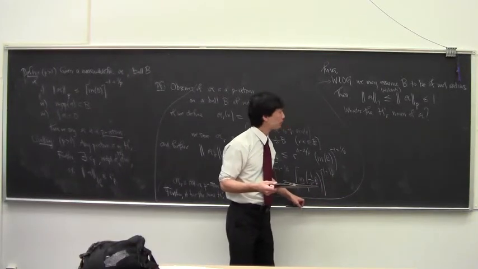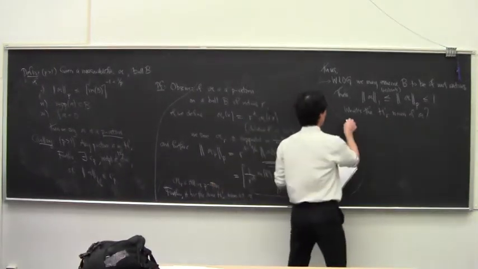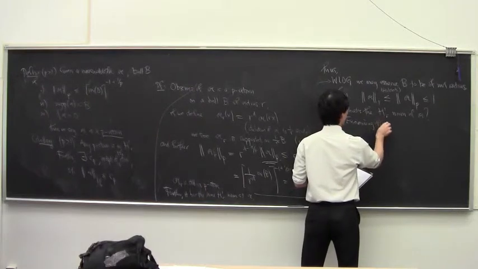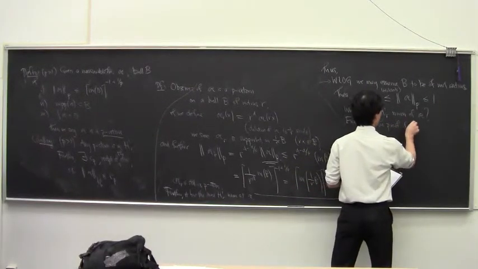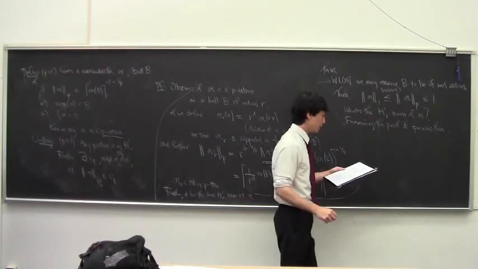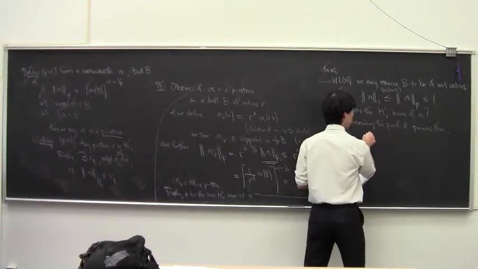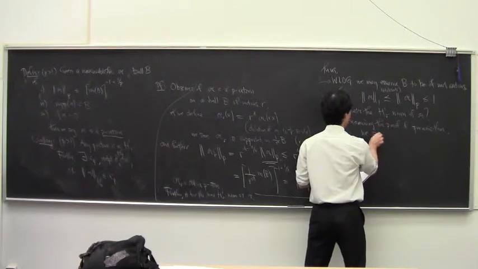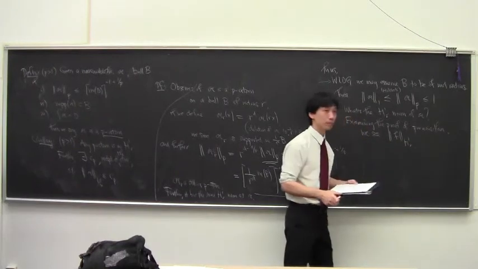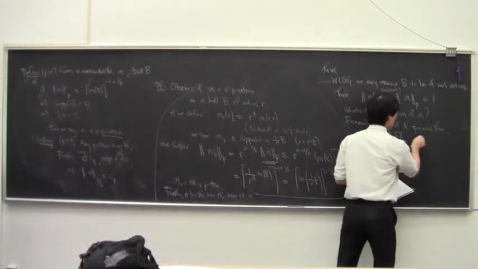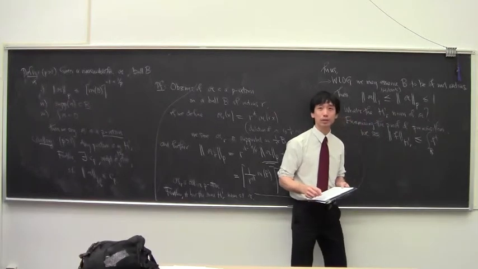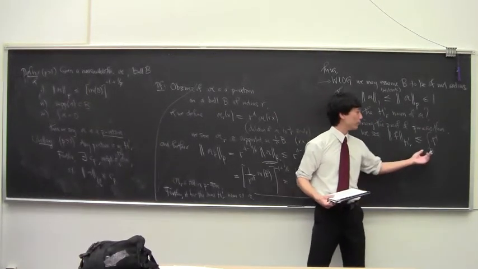Well, if we examine the proof of the previous theorem, last class's theorem, what we see is that the H1 norm of our function turned out to be controlled by the L1 norm of the restricted maximal function.